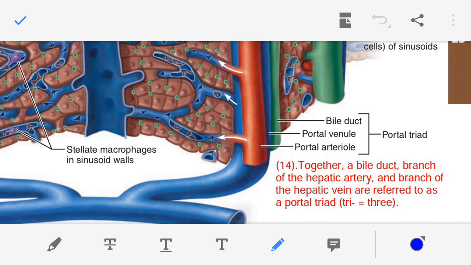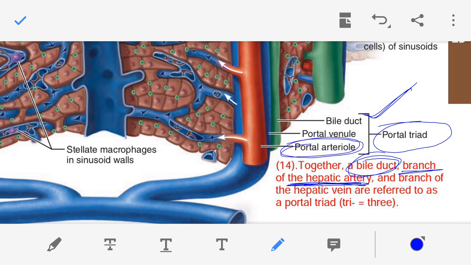Now what is portal triad? So together bile duct, then branch of the hepatic artery. Branch of the hepatic artery means portal arteriole. Then branch of the hepatic vein, that is portal venule.